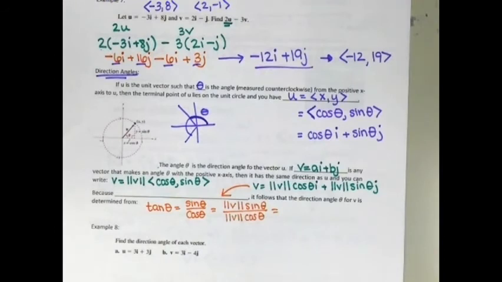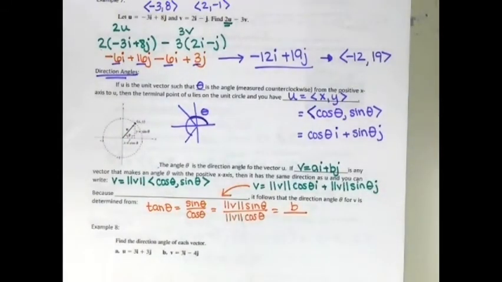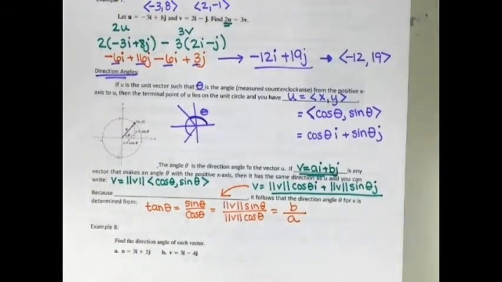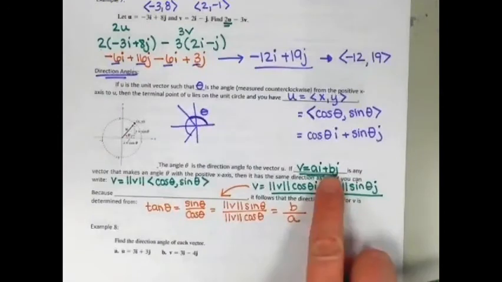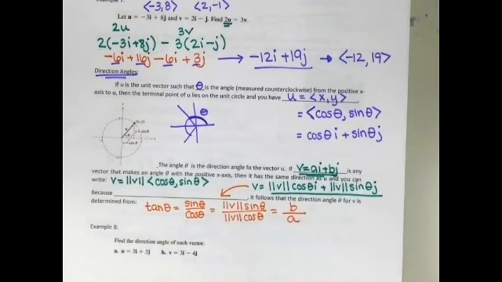Which if for some reason we're given our vector, our tangent of theta is actually just the b over the a, isn't it? Why does that all work? Because if this is my vector, ai plus bj, which is the same thing as the magnitude of V times the cosine theta i plus the magnitude of V times the sine of theta j, right? Isn't the j always the b? And isn't my i always the a? So we can also find it by just taking the b over the a.